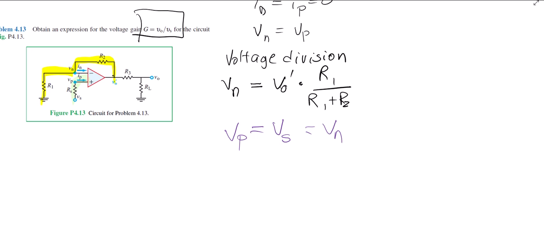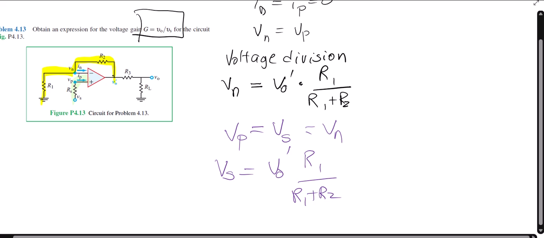So that means that we can say Vp equals Vn, and Vp equaled Vs, so Vs equals VO prime times R1 over R1 plus R2.